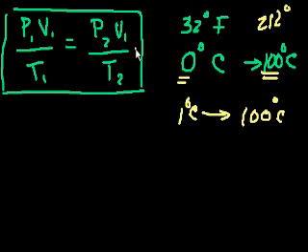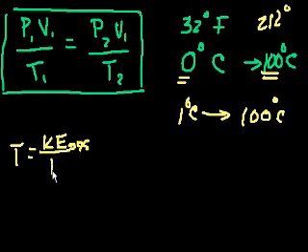And that absolute point is the temperature at which a molecule or an atom has absolutely no kinetic energy. Because we said temperature is the average kinetic energy of the system, or the total kinetic energy of the system divided by the number of molecules, or the average kinetic energy per molecule.